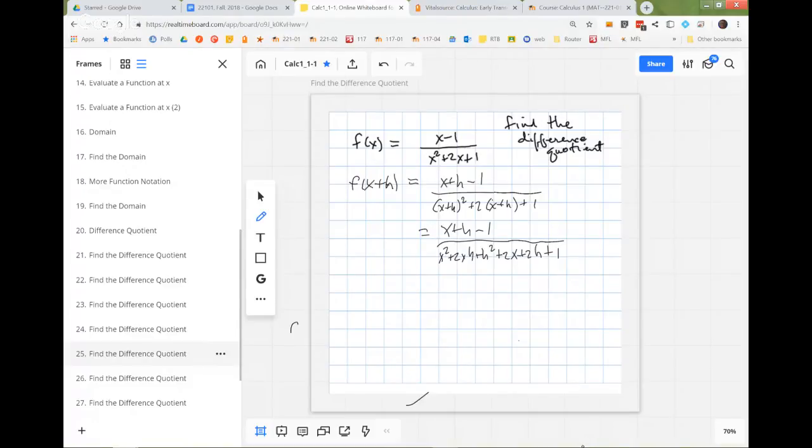Well, I guess I better remind you guys one more time. So this is what we're trying to do. So that's what we're trying to find. Now, this is just the f of x plus h we have sitting in this position. So from that, I need to subtract the original.